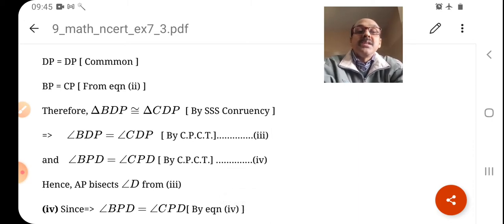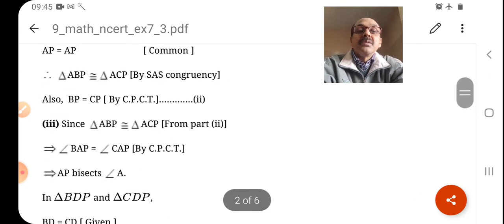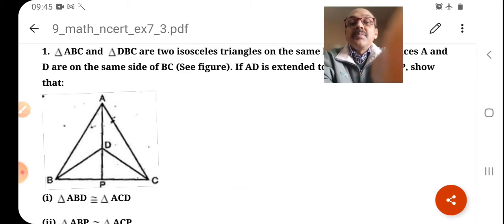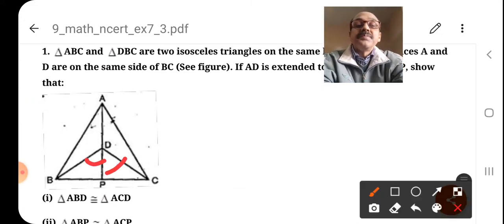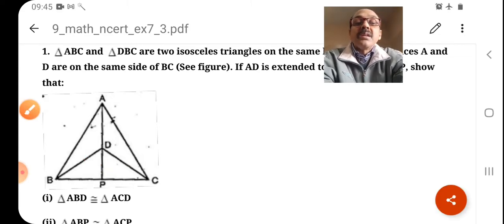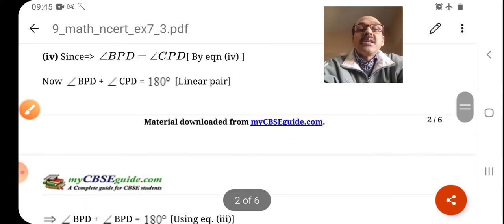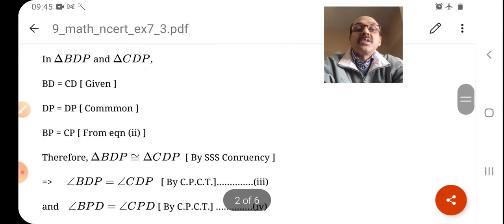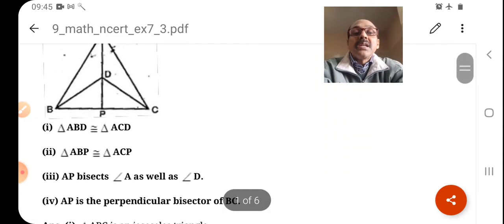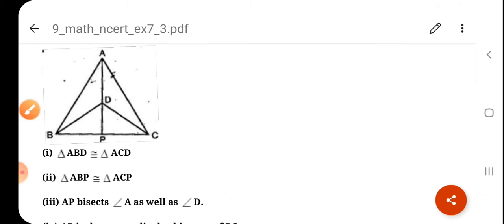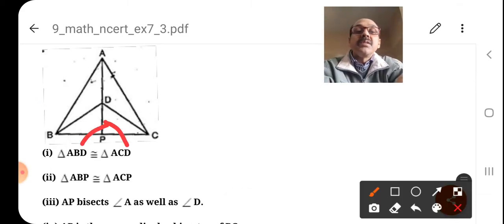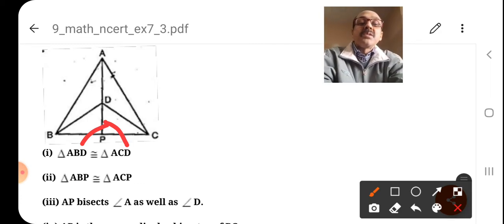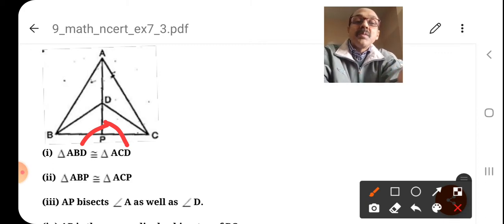Now by CPCT we can say angle BDP equals angle CDP, and also angle BPD equals angle CPD. These two are equal by CPCT. And we know the sum of these two angles is 180 degrees, because BC is a line.